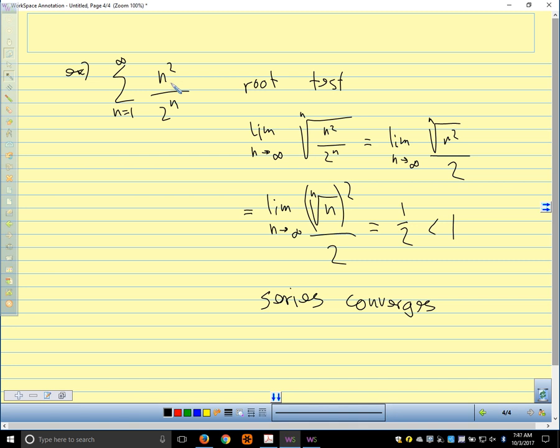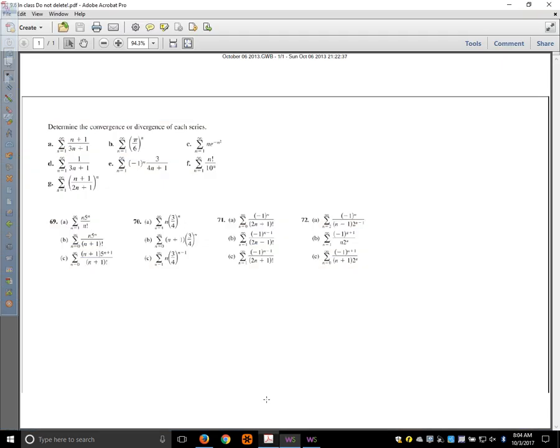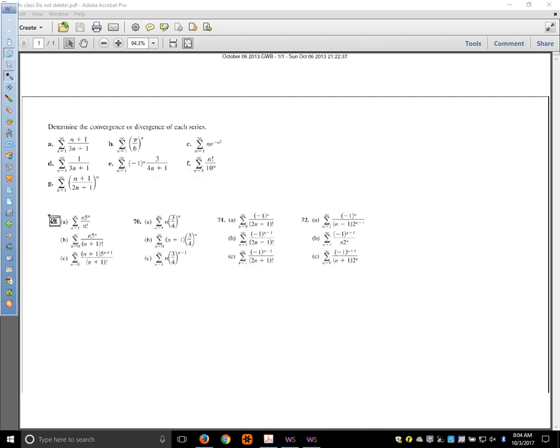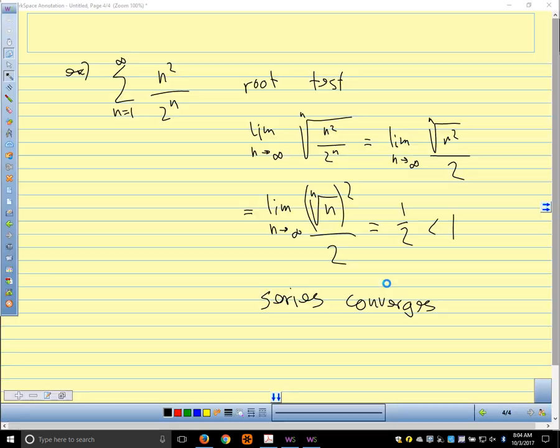All right, so the next thing I have is some questions for you. So let me grab a picture here. What we're looking at here, when I grab it, I'll make it bigger.